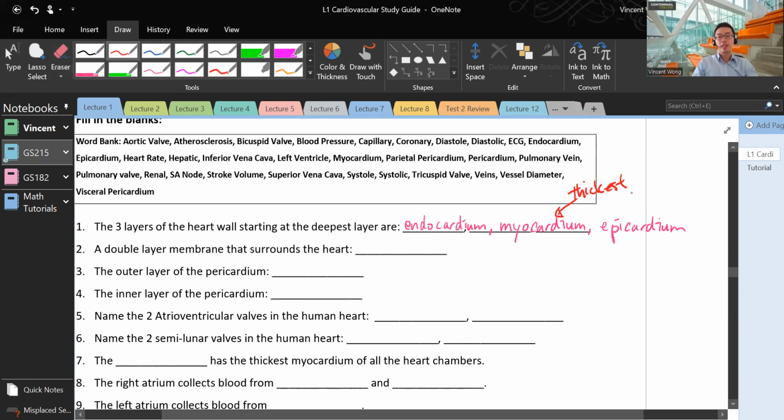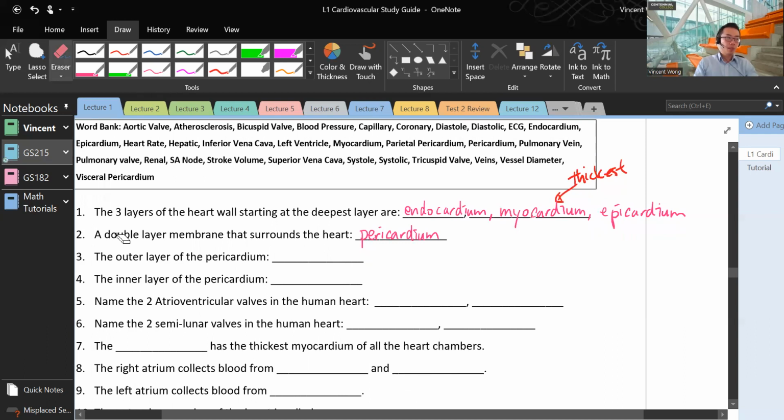And then the epicardium is going to be fused with the double layer membrane that surrounds the heart, which is called the pericardium. The pericardium is double layered.